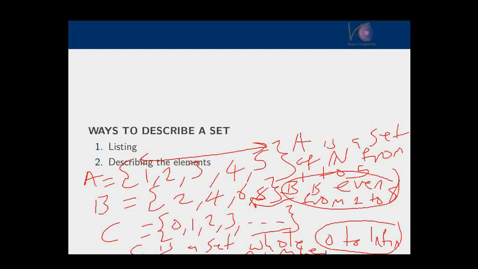So it's okay even if you don't include this range. So now we can see that we are able to describe this set C that we defined to be an uncountable set using the describing of the elements method.